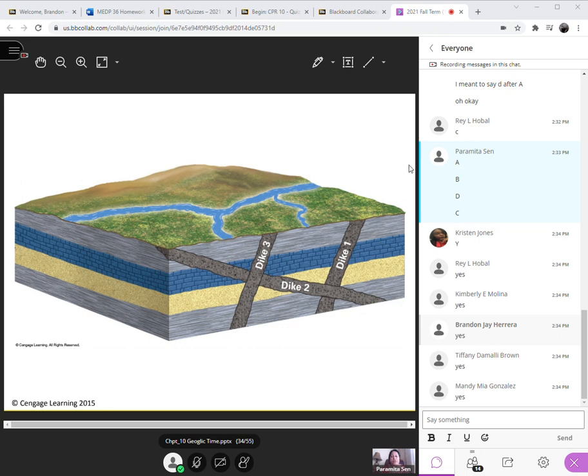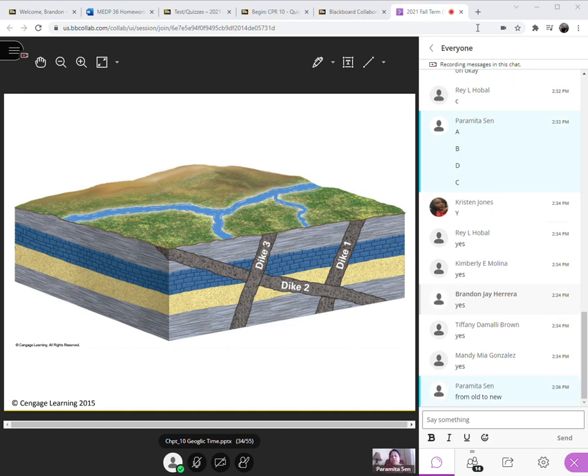Now the next one, let's look at this diagram. 1, 2, and 3. Tell me from old to new. Dikes are igneous intrusions, magma intrusions into the existing rock body. So rocks are already formed, and then suddenly from the magma chamber, some magma can come out anytime.